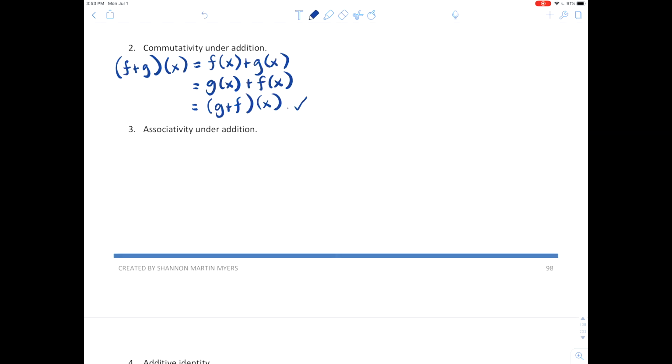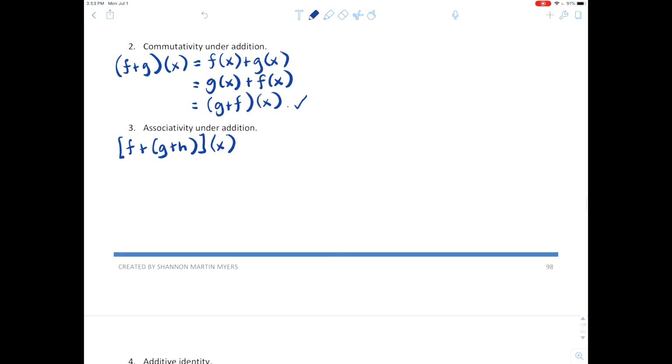Cool, cool? So let's take a look at f plus g plus h at x. Well, this in turn would be what? It would be f at x plus g plus h at x, which in turn would be f at x plus g at x plus h at x.